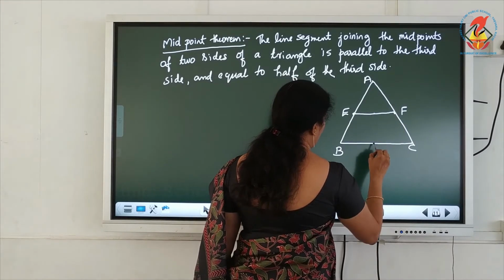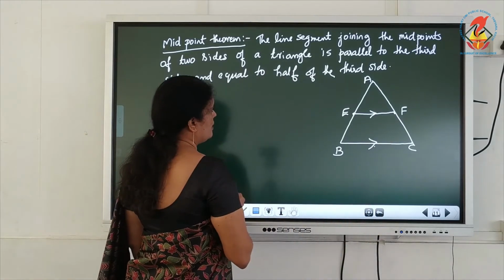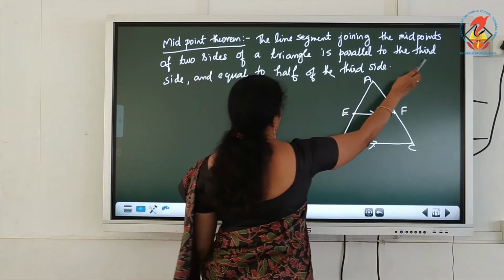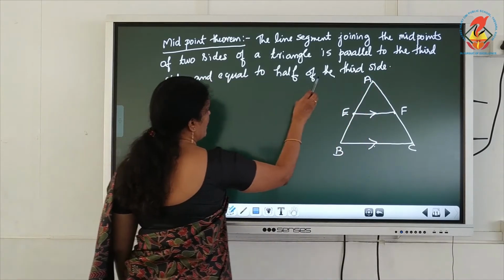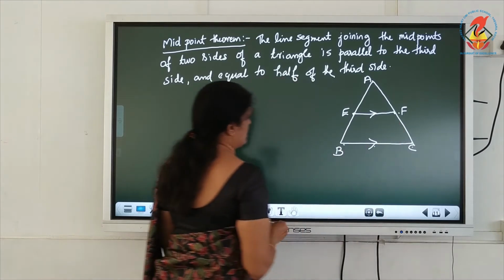This EF is parallel to BC, that means parallel to the third side and equal to half of the third side. That means EF equal to half of BC.